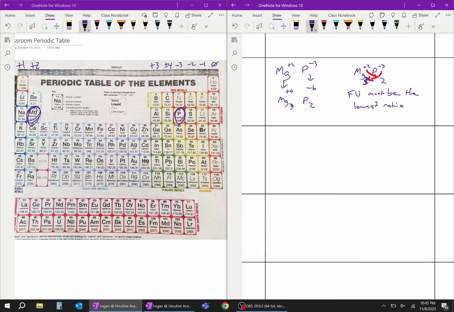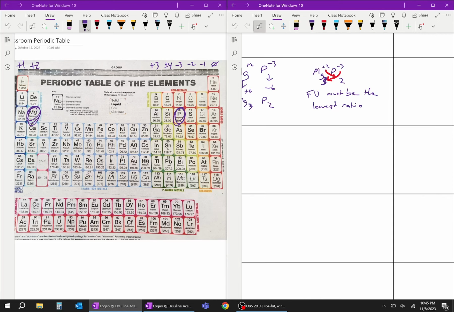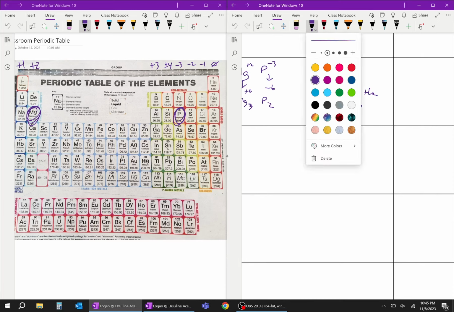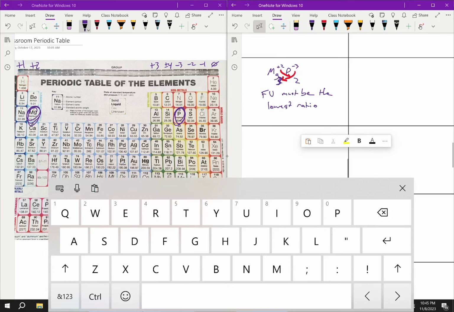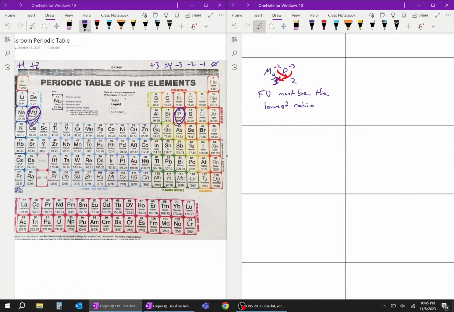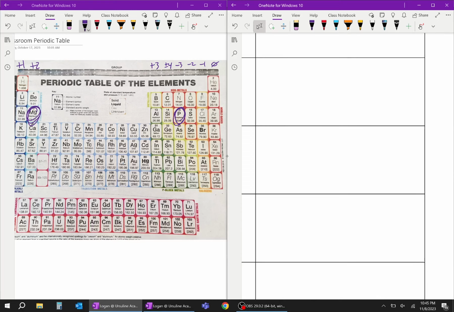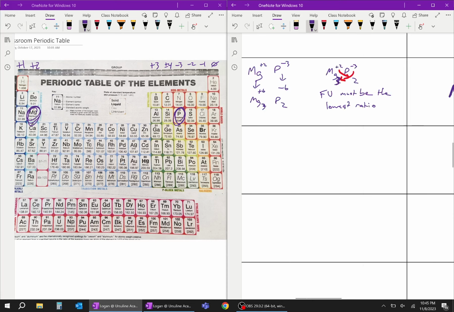That means if you do the crisscross method and you get something like 2 and 4, then you need to divide both of those numbers by 2 so that you have 1 and 2. We'll keep playing with these different methods as we go through the rest of the notes. But we've just seen that I need 3 magnesiums and 2 phosphoruses. Mg3P2. All right.